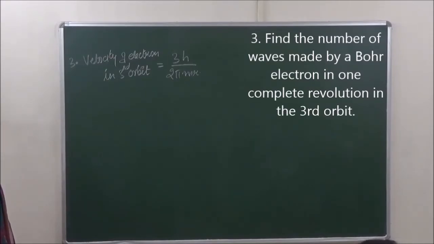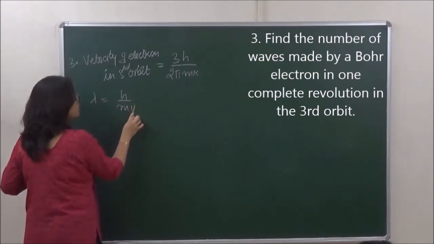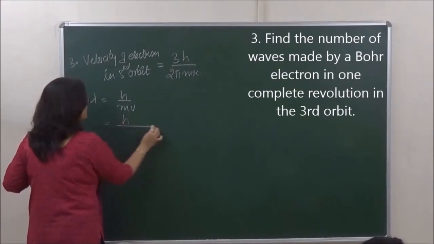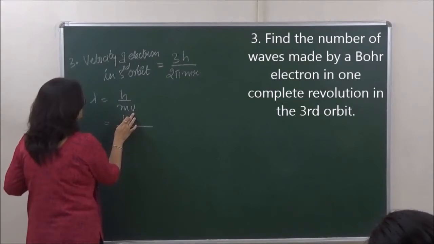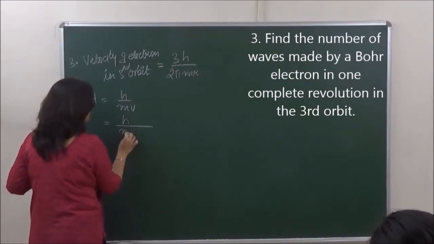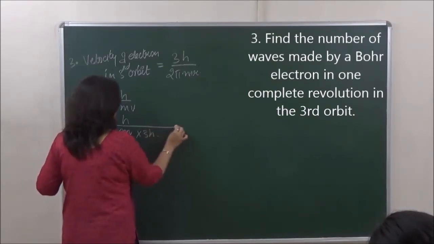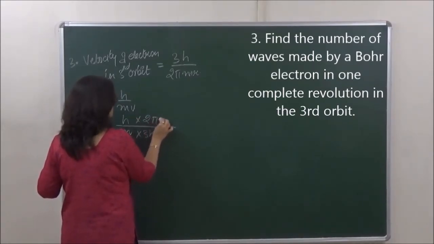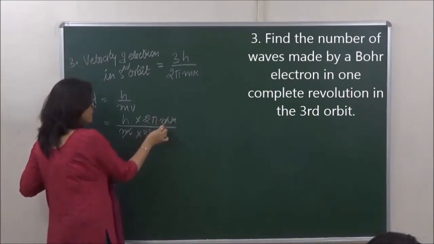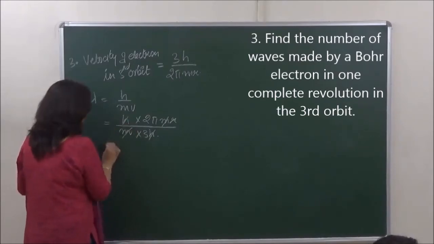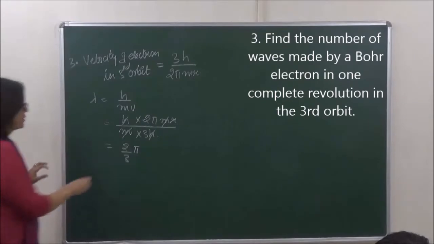Now when we are talking of lambda, lambda is equal to h upon mv. Let's put the value of v from here. We have h upon 3h upon 2 pi m. ठीक है, this and this get cancelled, this and this also get cancelled, so the value is 2 pi r by 3.